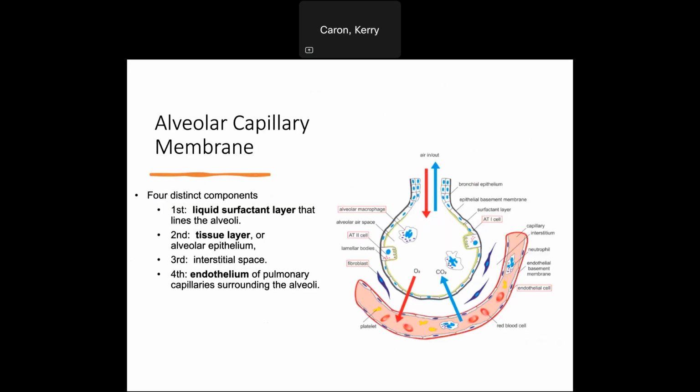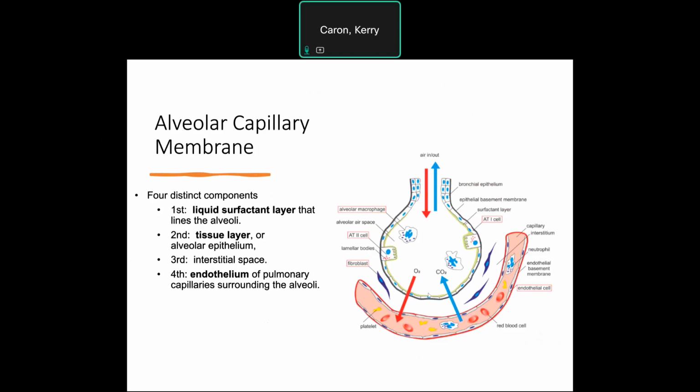And at the alveolar surface, we have the alveolar capillary membrane. So this is where the cardiovascular system and the respiratory system interface. You have the first layer that's called the liquid surfactant layer that lines the alveoli.